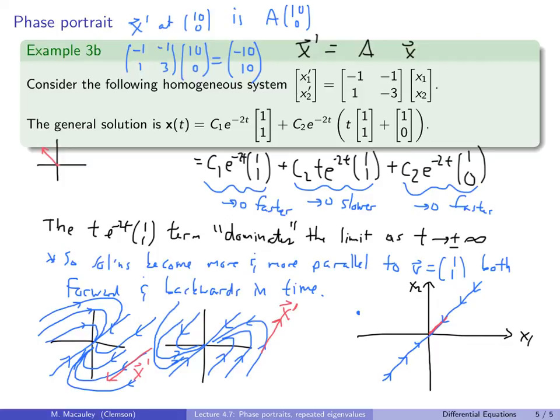Let me try to redraw that. Let's try that eigenvector line like this. And then at (10, 0), we have this velocity vector that is (-10, 10). So really, the velocity vector should reach all the way to the line if I wanted to be exact with that.